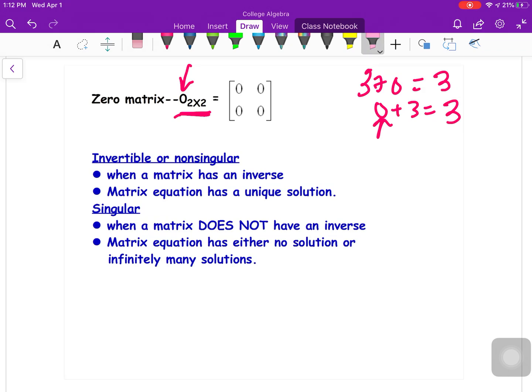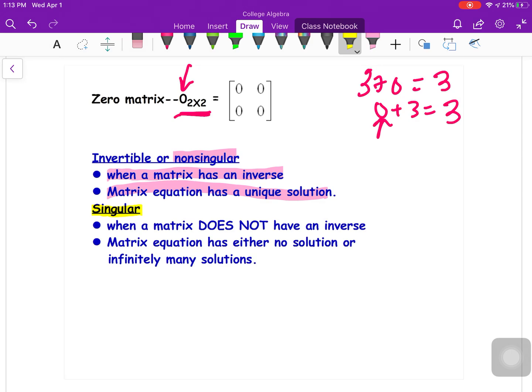Here are a couple new terms for you. If a matrix is considered invertible or non-singular, it means the matrix has an inverse. It also means that there will be a unique solution.